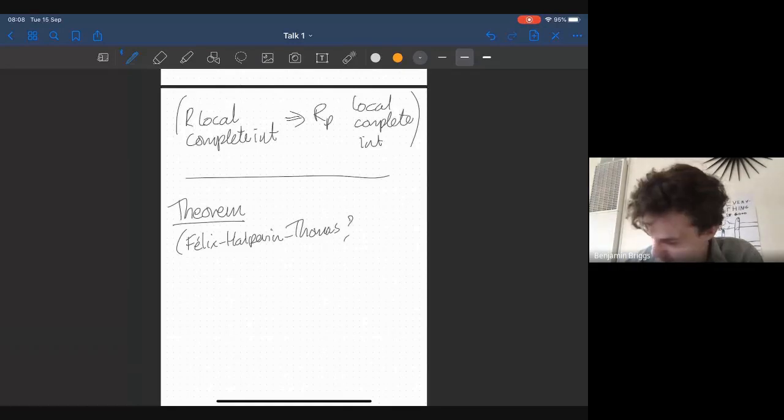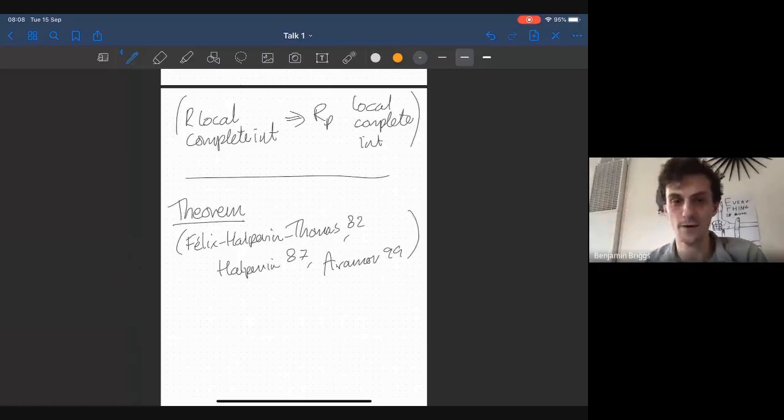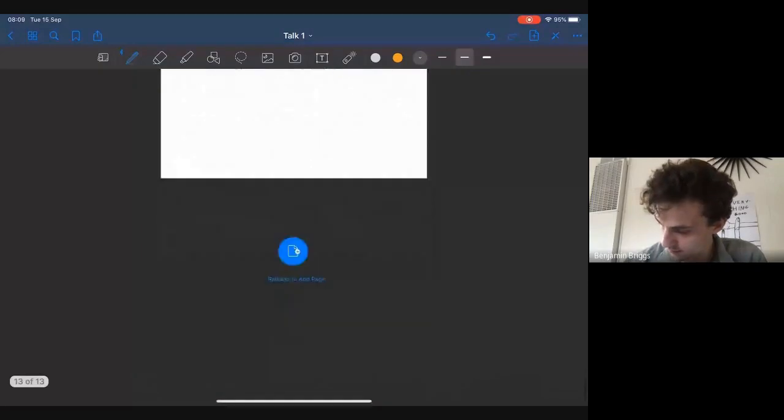That was in 1982, and also Halperin in 87, and also Avramov in 99. So this is a kind of omnibus theorem where I'm combining various things.